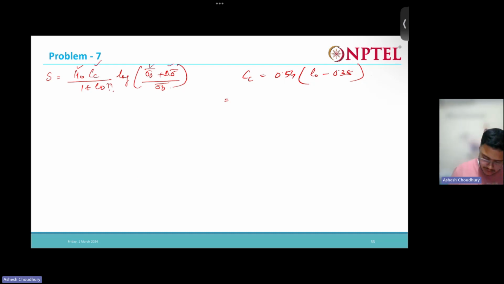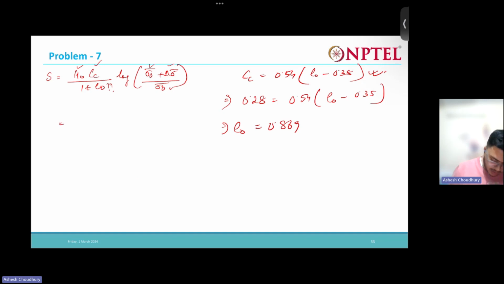E naught we don't know. So in order to determine e naught, we use the empirical relation Cc equals 0.54 times (e naught minus 0.35). From here you can get e naught as 0.869. This is an empirical relation. Now I can put 6 into 0.28.